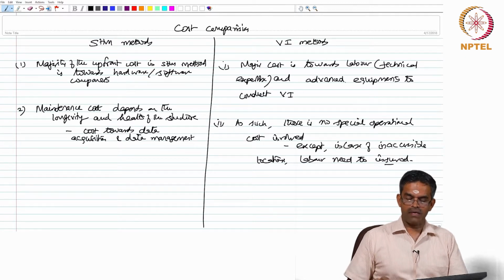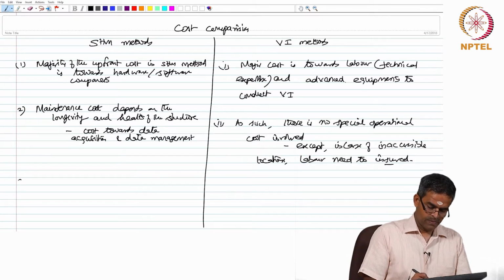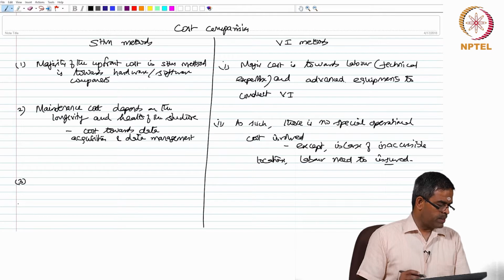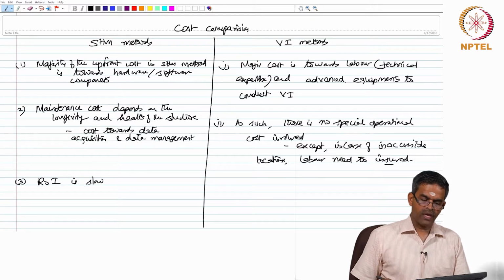So, that may be a slightly marginal increase in operational cost when you do it for special kinds of structures. The third point could be the return on investment, which is slow in case of SHM.